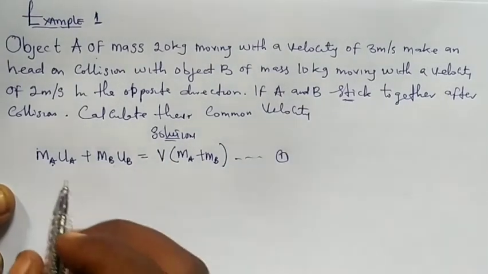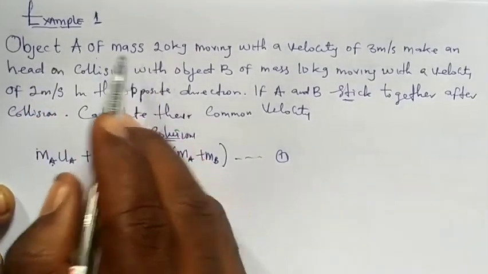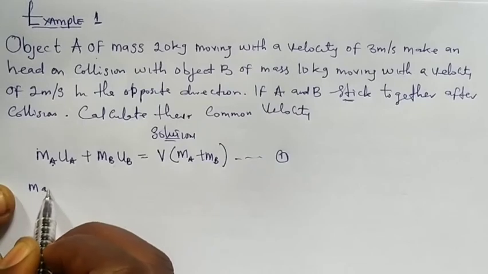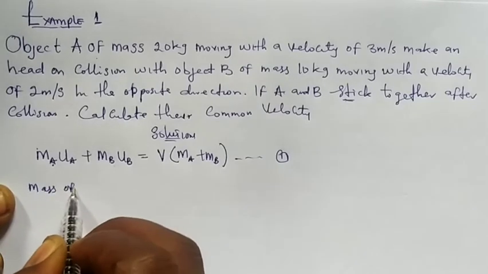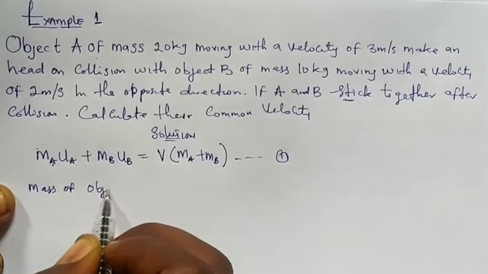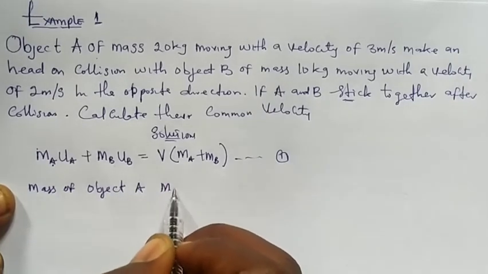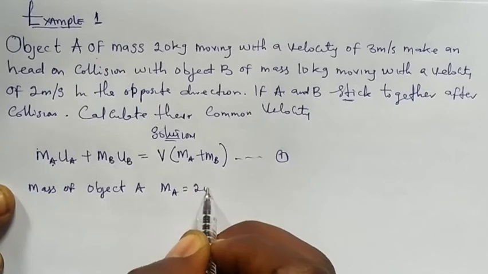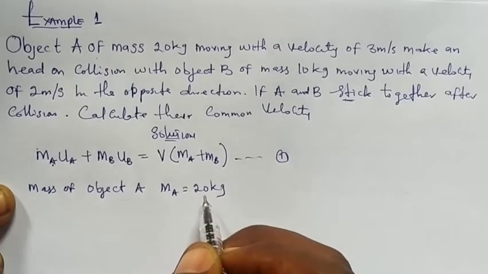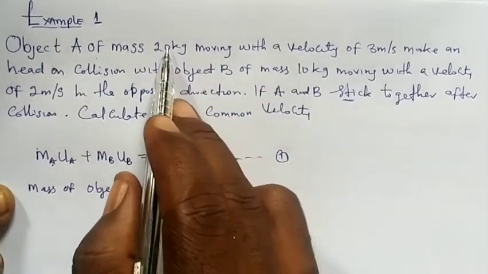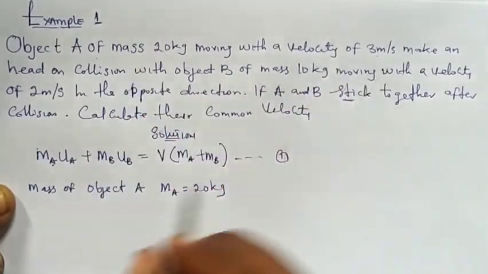Now let's write out the parameters that we have to put into this equation. The mass of object A, MA, is given as 20 kilograms. This object A is moving with a velocity of 3 meters per second.